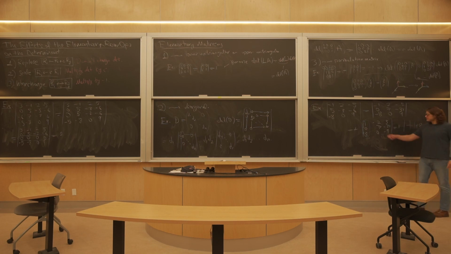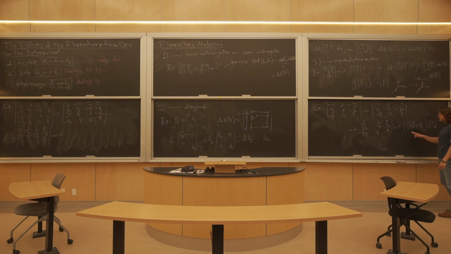And what are these? If I burn this row and column, I'm left with 7, minus 31, 0, minus 9. And if I burn this, I'm left with these: minus 2, 5, 7, minus 31.